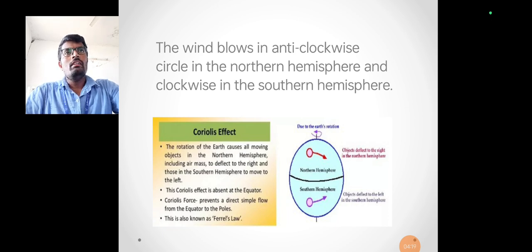The warm air moves upward, and cool air moves to the tropic zones. Thus the wind always blows anti-clockwise in the northern hemisphere and clockwise in the southern hemisphere.